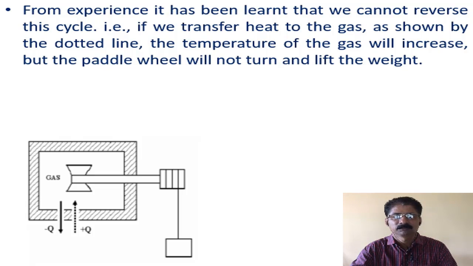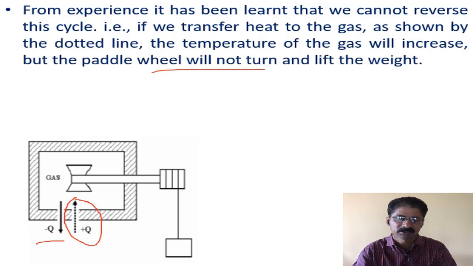So what do we mean by reversing the process? Just now you removed the heat from the system, that is minus Q, to bring the system back to its initial state or to complete the cycle. Now suppose you supply the same amount of heat, as shown by the dotted line, into the system or the gas, the temperature of the gas will increase but the paddle wheel will not turn.